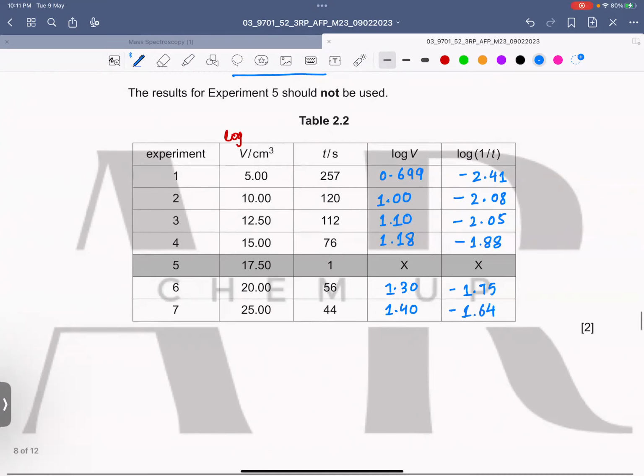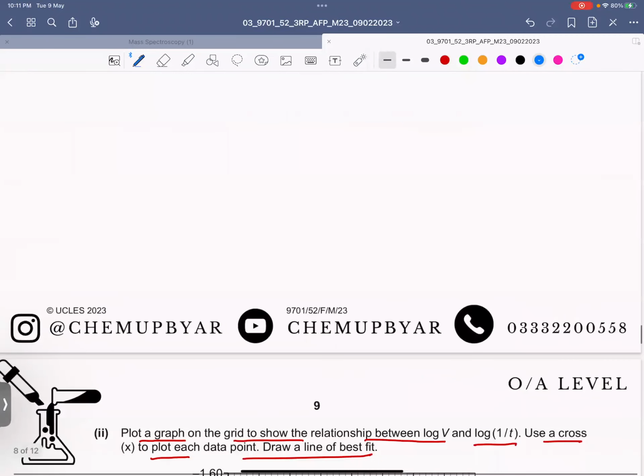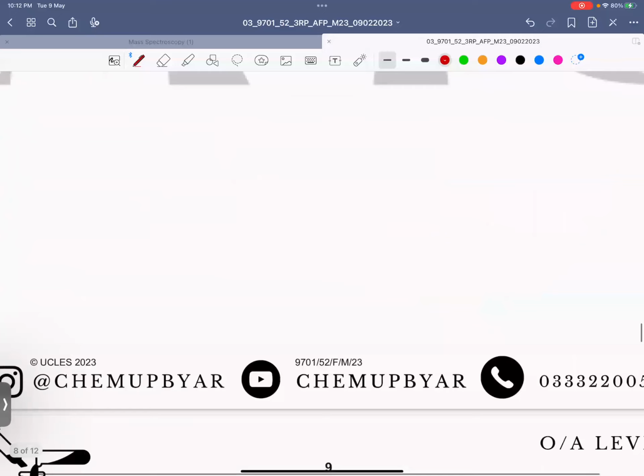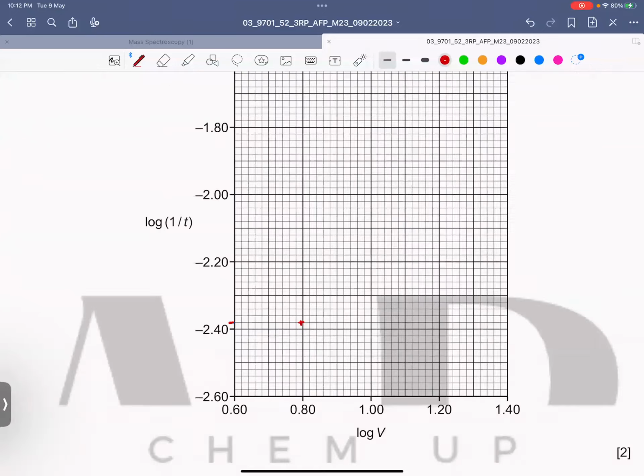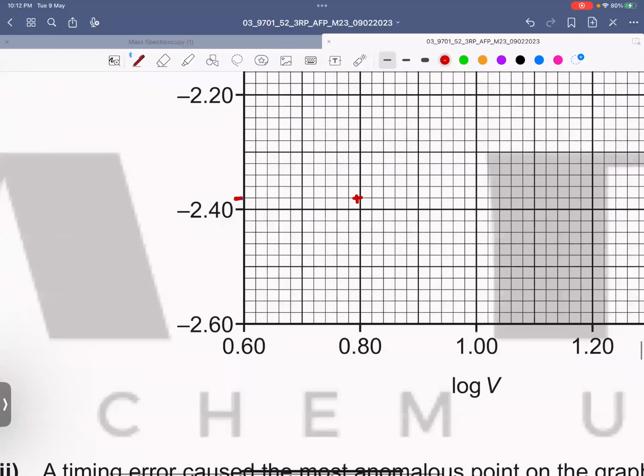So 0.699 and minus 2.41: minus 2.41 would be over here, and 0.699 must be over here, so this point must be over here.